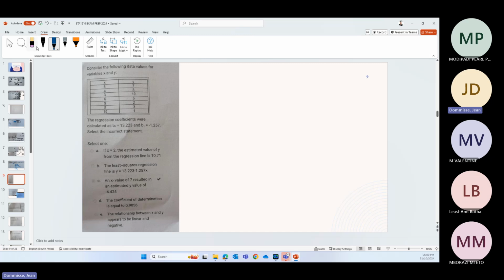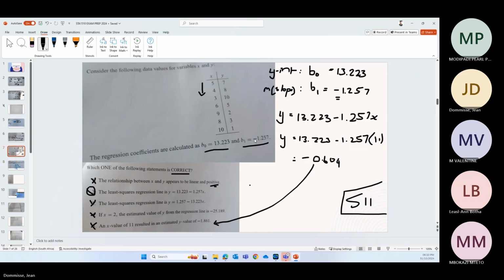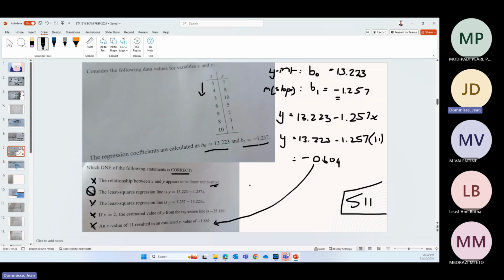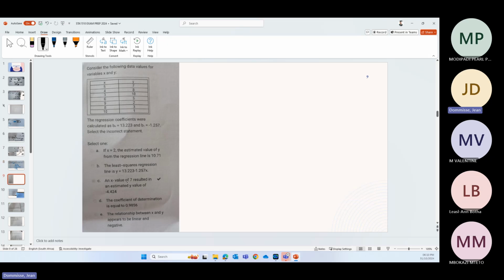So yes, they give you all the data, but again, we've got B0 and B1. I'm just checking. Okay, so it was exactly the same data that you got, just a different question.